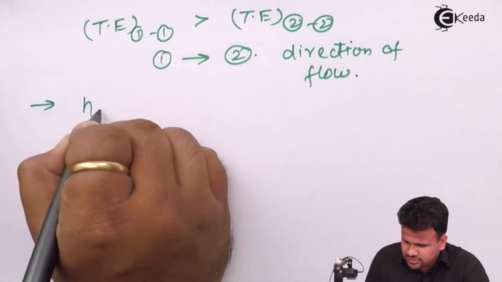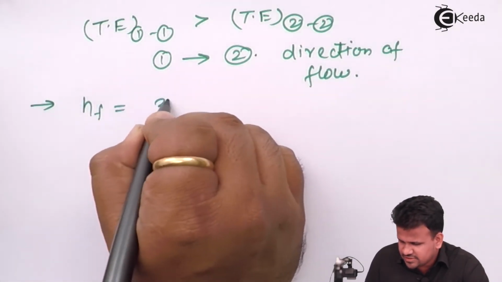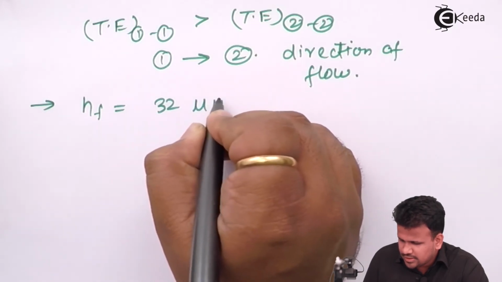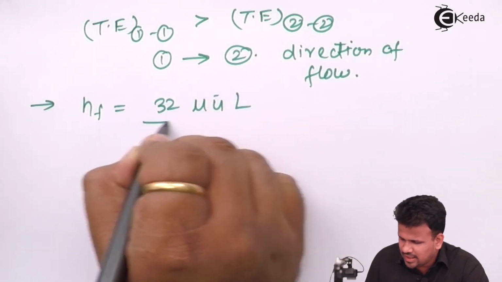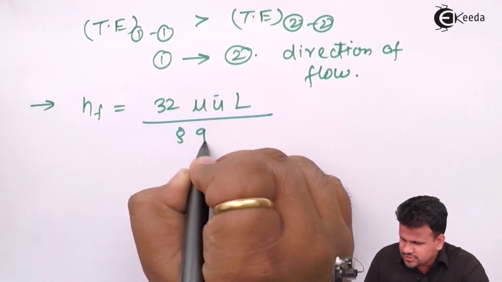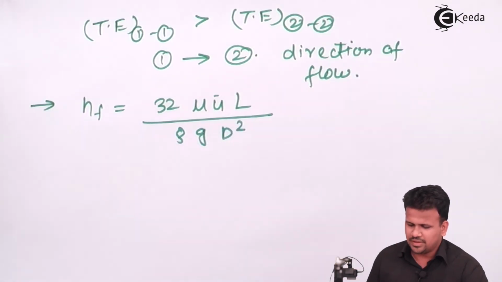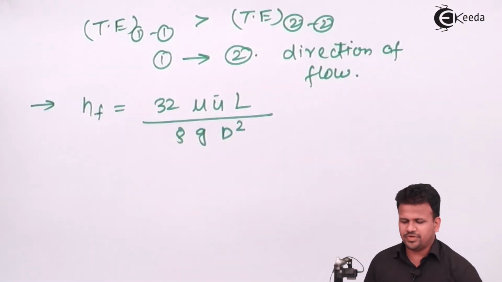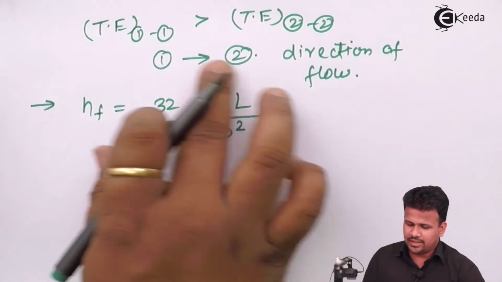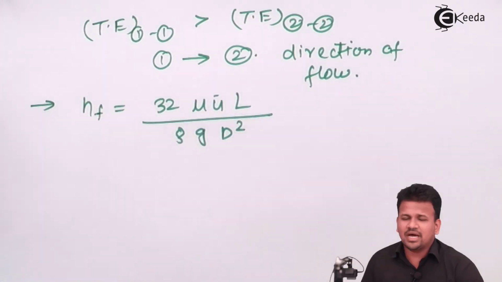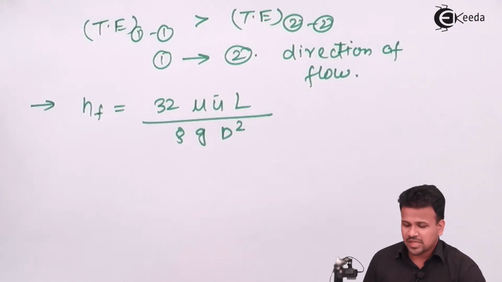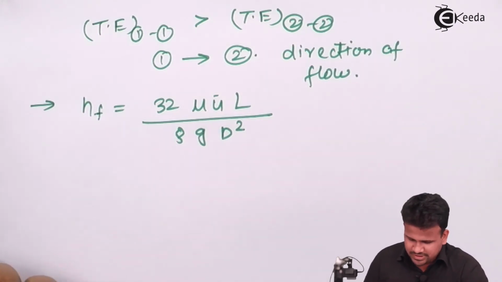The head loss due to friction is given as 32 mu u bar L upon rho g d square. This is the total head loss during the entire flow in the pipe from section 1-1 to section 2-2. Now let us evaluate this.